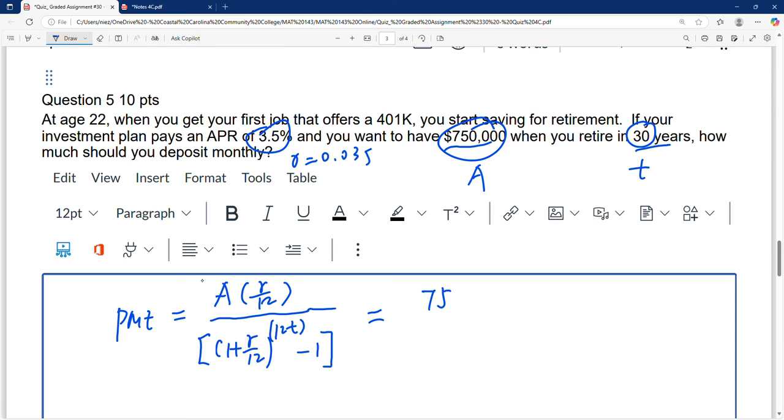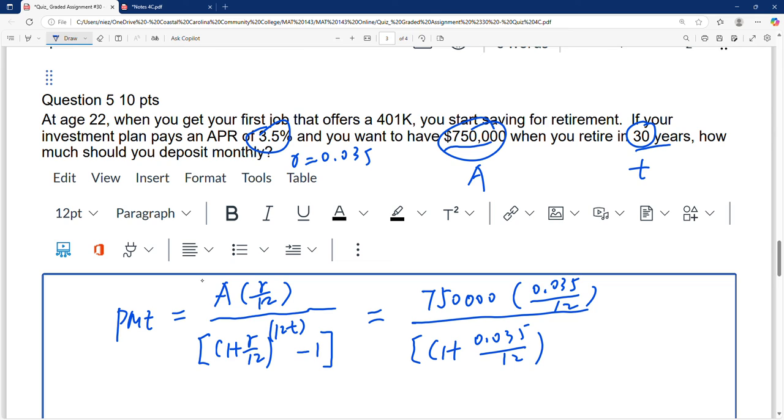A is 750,000, and R is 0.035 over 12, and then over here brackets parentheses 1 plus 0.035 over 12 parentheses to the 12 times t. Okay, this is 30 years, right? So this is 360. 12 times 30 is 360.